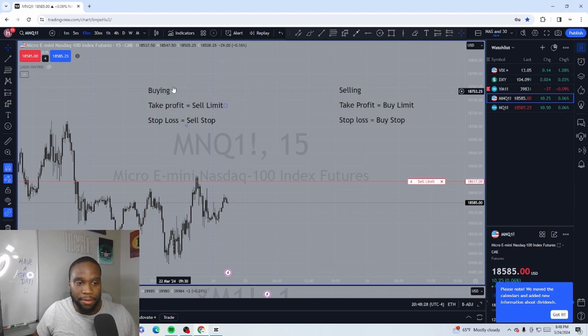If you're buying, your take profit will be a sell limit and your stop loss will be a sell stop. So you're doing the inverse of buying. If you're selling, the inverse of that would be buying, so your take profit would be a buy limit and your stop loss will be a buy stop.